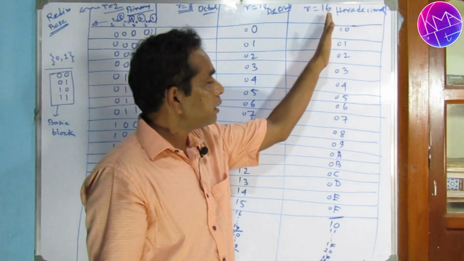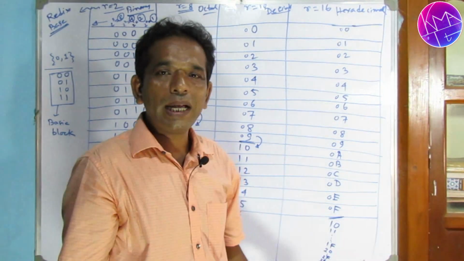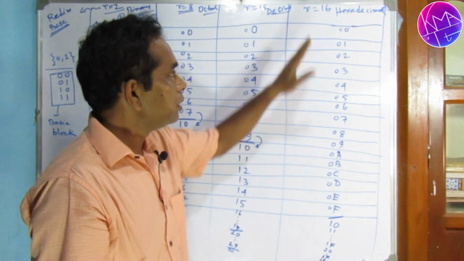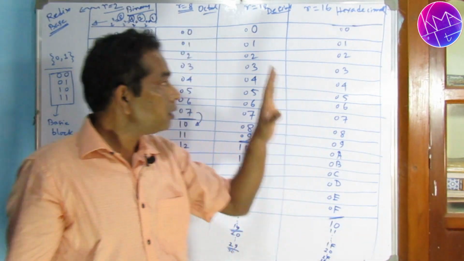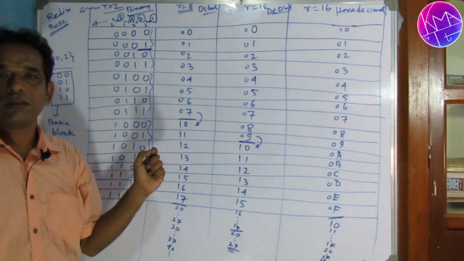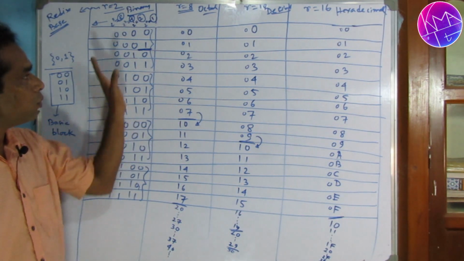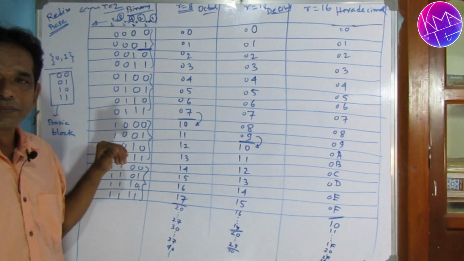The same thing we can apply on our hexadecimal number system endlessly. The same rhythm. So this table is very nice and can be formed within a minute, rather within half a minute. So no need to memorize all those things.